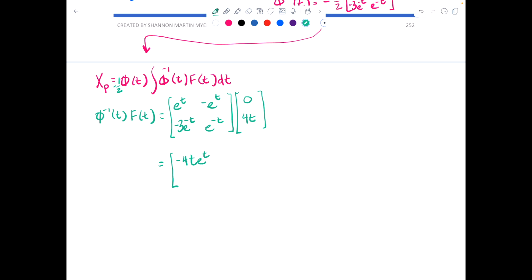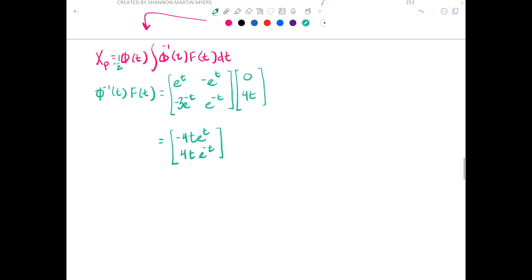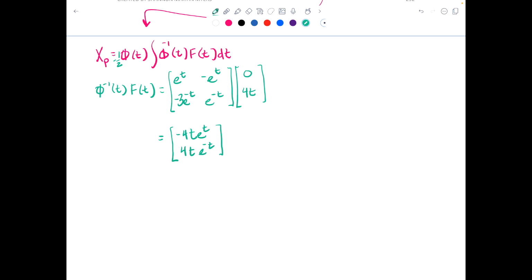And that's our first entry. And negative 3e to the negative t times 0 is 0, and then we add e to the negative t times 4t. So we'll get a positive 4t e to the negative t. Now, do you see that we could factor out a 4 from this?